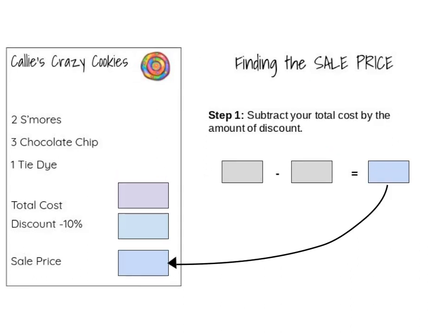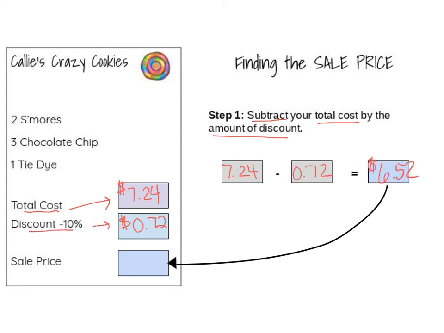Now we're going to find the sale price, which is how much you'd pay after the discount. I'm going to fill this in: $7.24, 72 cents. Now the only step here is to subtract the amount of discount from your total cost. $7.24 minus 72 cents.